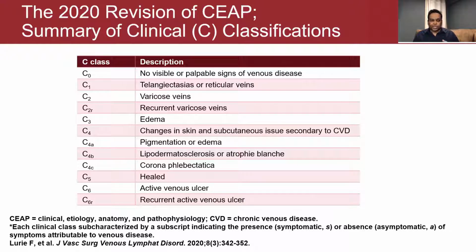Now, the new additions to this classification system are the presence of recurrent varicose veins, referred to as C2R, and corona phlebectatica has been added to C4c. A recurrent venous ulceration has been added as C6R.